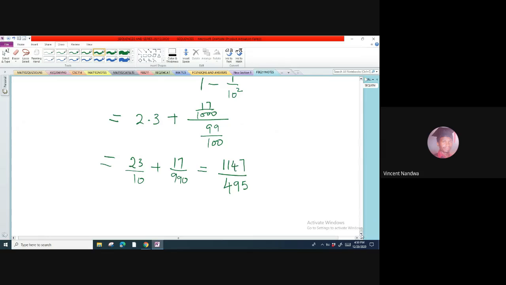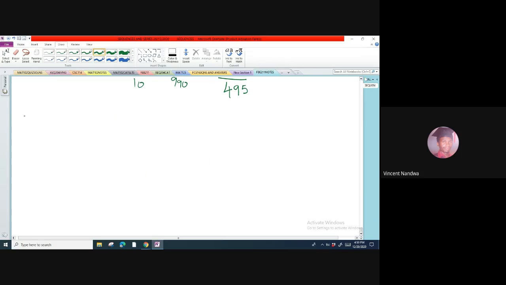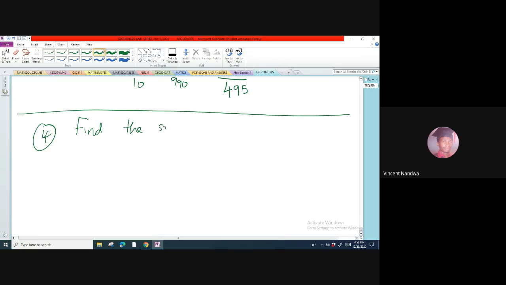Number 4, find the sum of the series where x is less than 1.